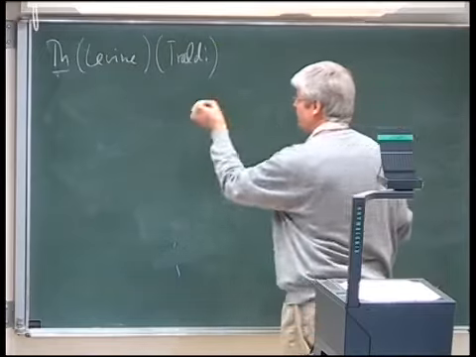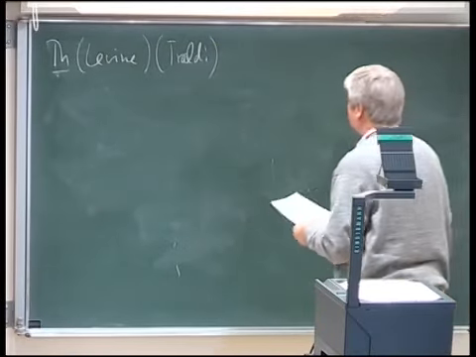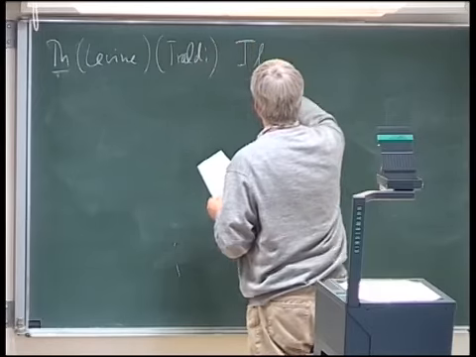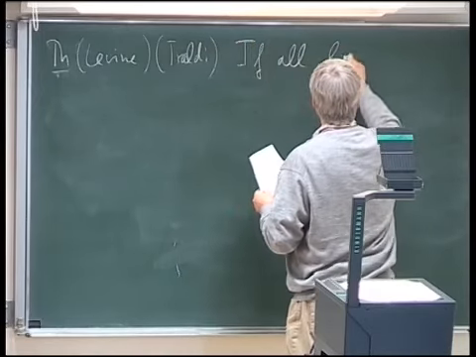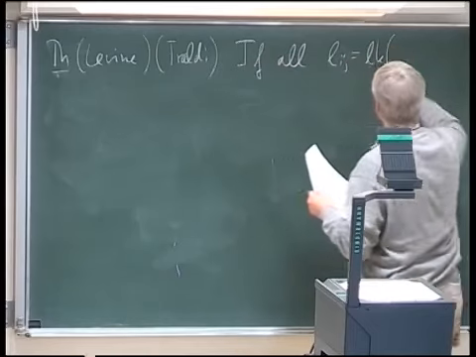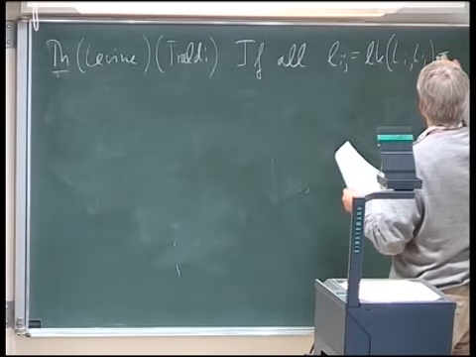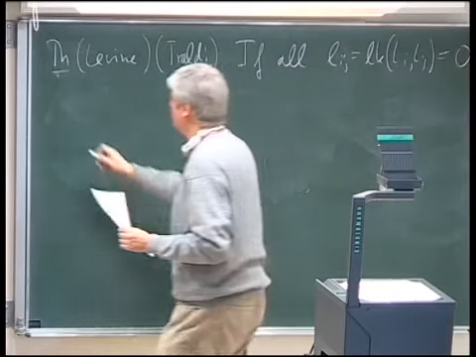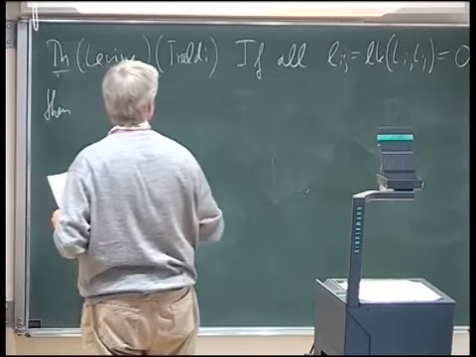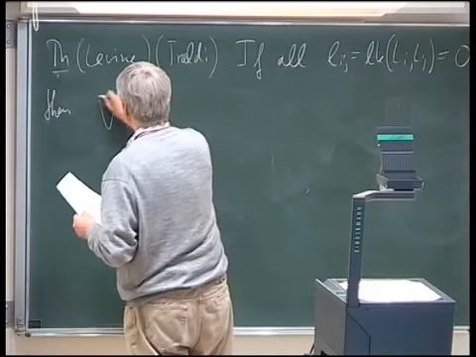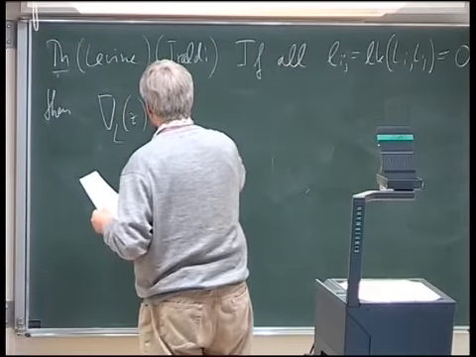Certainly Levin gives a very nice geometric proof of this, which says that if all Lij, so remember these are the linking numbers of Li and Lj, are 0, then this nabla L of z will start in a much higher degree.